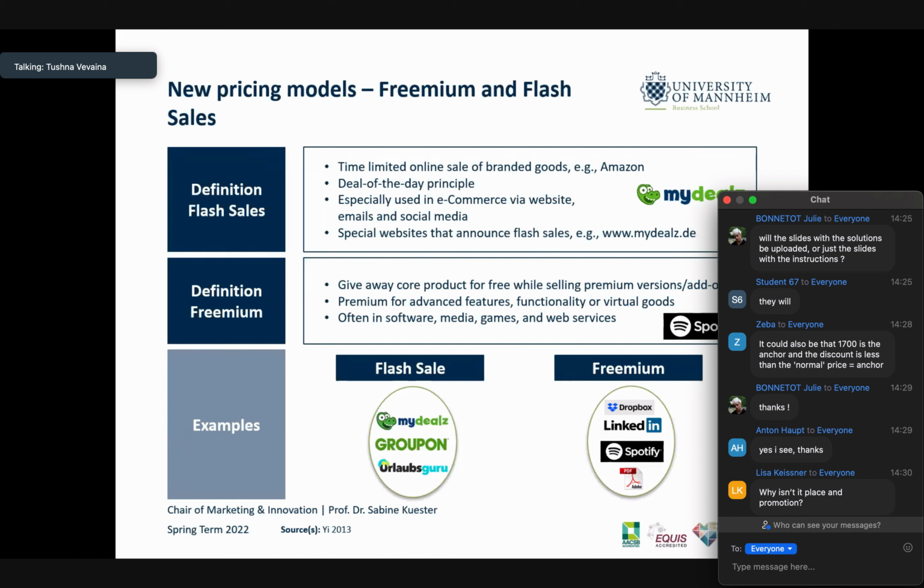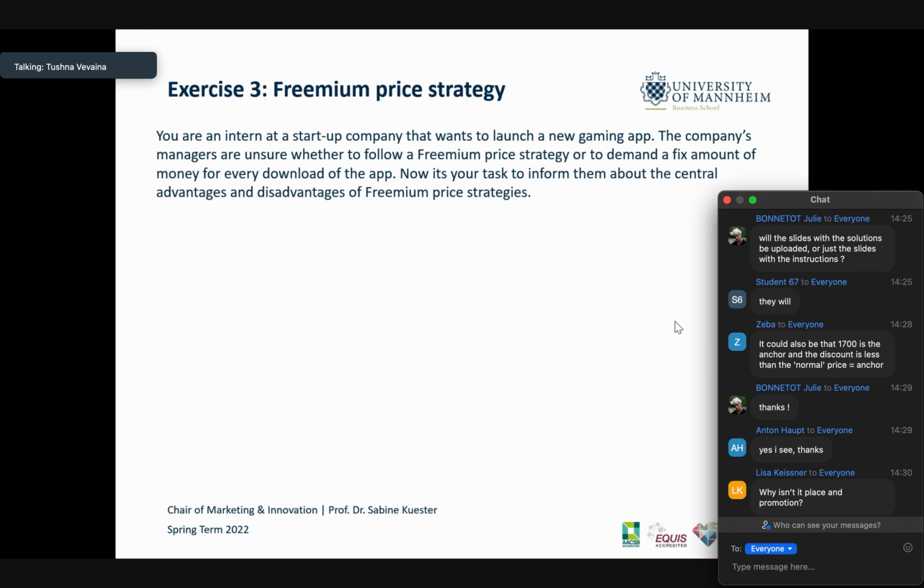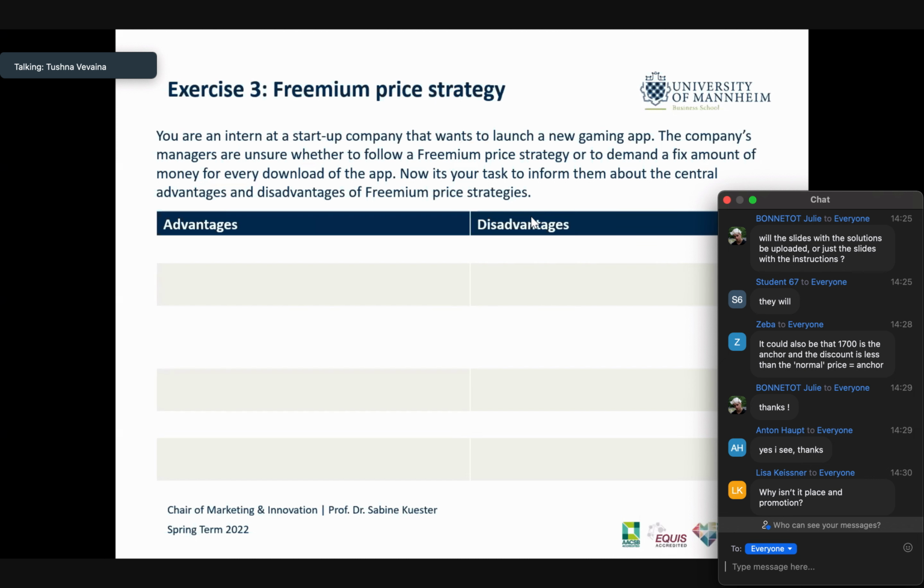Just think about these as a consumer, or from a marketer's point of view. For example, which could be pain points depending on how consumers behave or react to a freemium model. I'll give you all the floor at this point of time if anyone wants to highlight a few advantages or disadvantages for the freemium model.